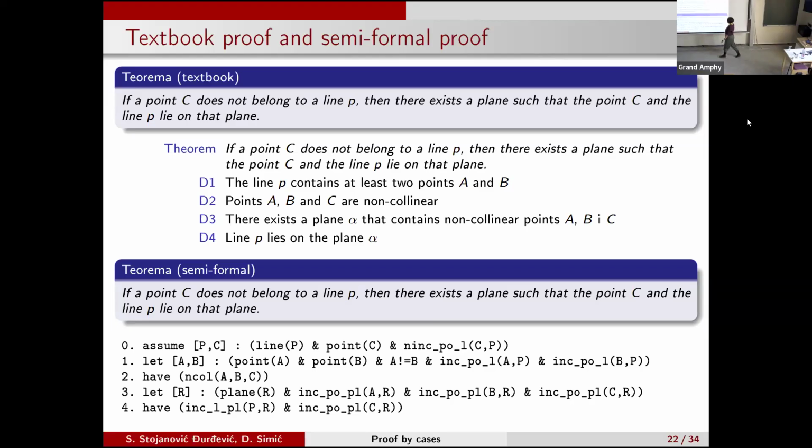So what are the changes? For 2 points, we need to add that they are different. Non-collinear is the same, we don't have to change anything. The next one is also the same, this is the only change that we need to add. But when we look at the textbook proof, it actually has 2 parts. The first part is that there exists a plane.